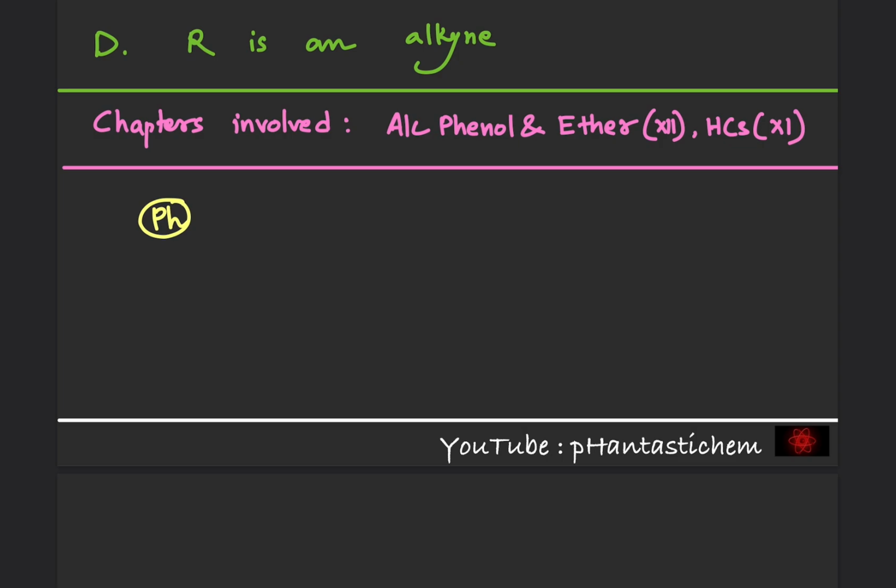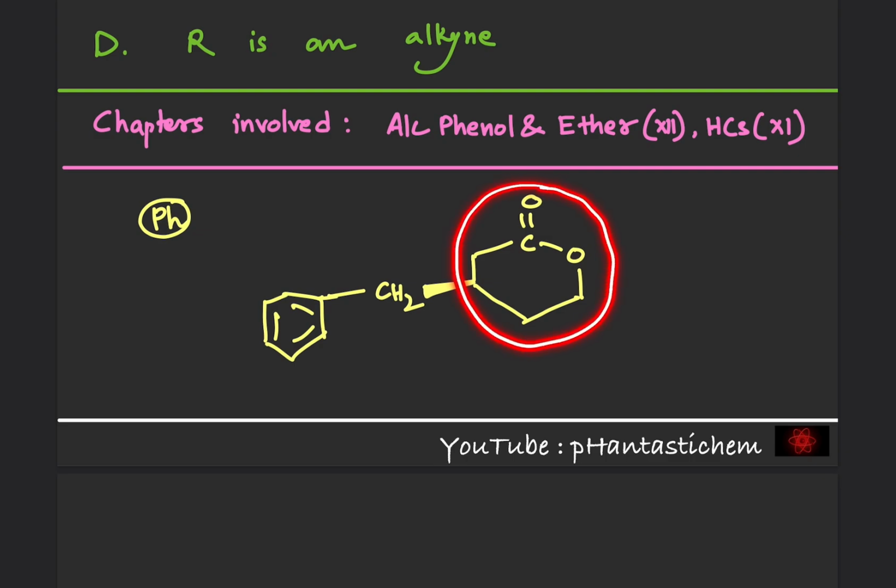So there is a benzene ring, CH2, this bond is there, and C double bond O. I would want you to focus on this part of the molecule because this is where things are going to happen. This is our starting compound.